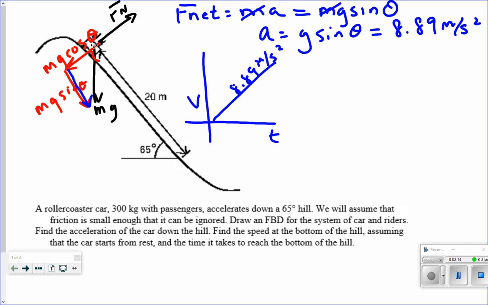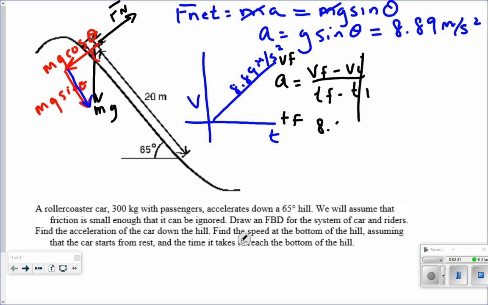The key things that we are missing: we do not know VF, we do not know TF. But we do know that acceleration is equal to VF minus VI over TF minus TI, and we know that those two are zero, so they're going to drop out. So if we consider 8.89 TF equals VF, we can work with that.